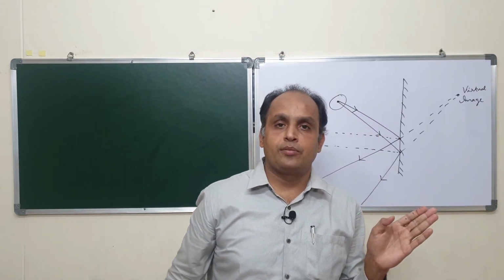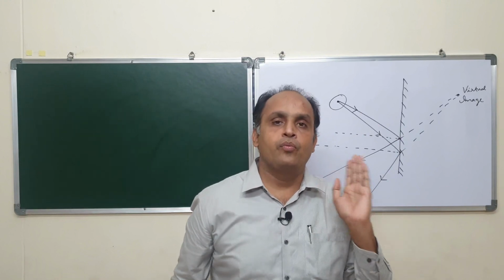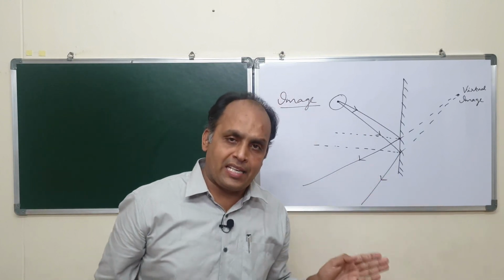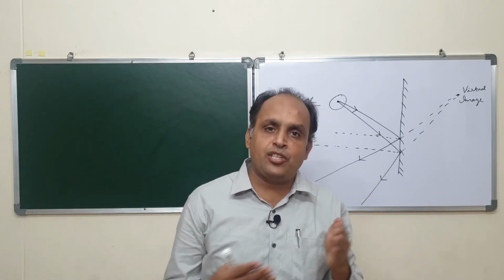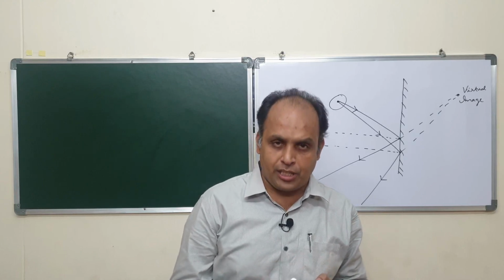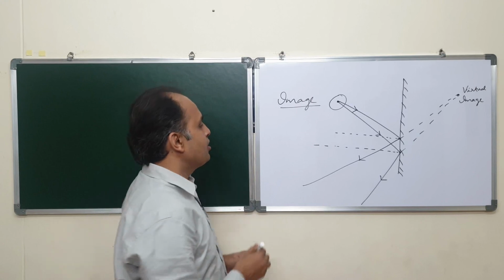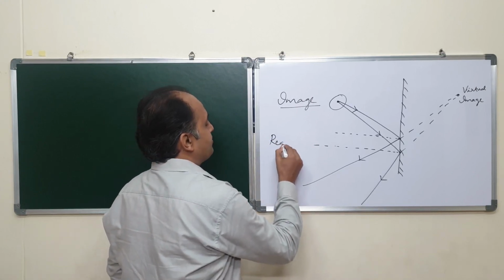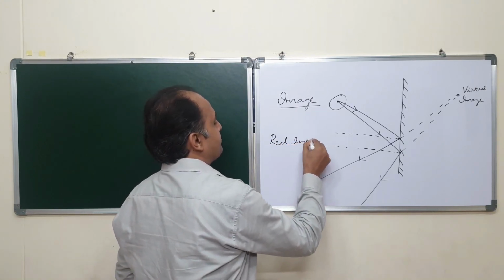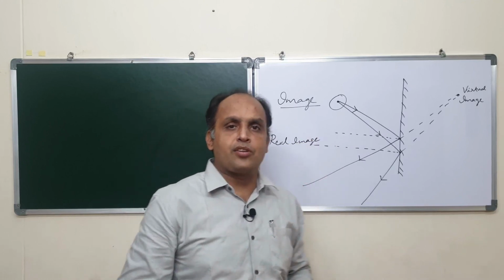That's a virtual image. Whereas, if the rays of light actually meet after reflection, then we call such an image a real image.